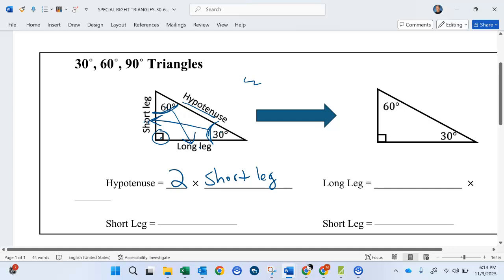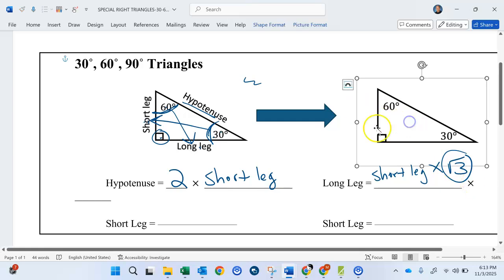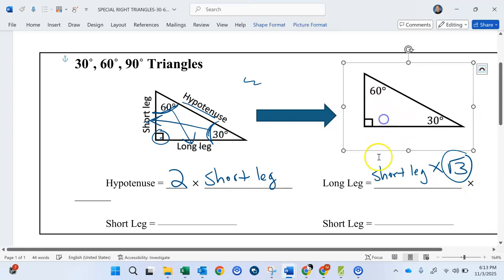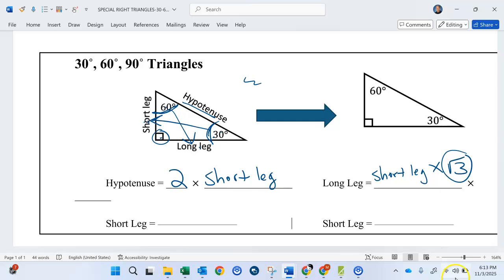And the long leg is going to be equal to the short leg, I know it ran out of room here, times root 3, the radical, they call it radical 3. So that's how that works. So what does that mean over here? I'm going to move this a little bit. And how do you get the short leg?